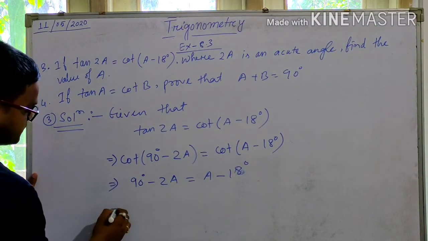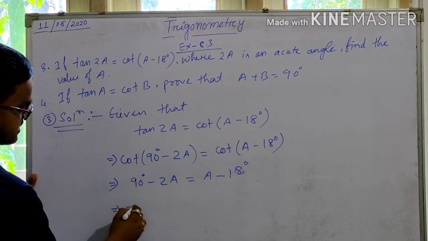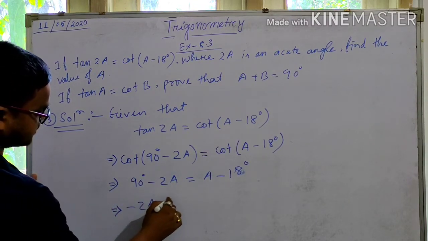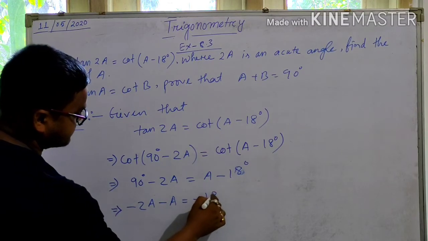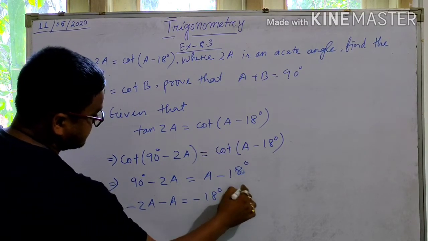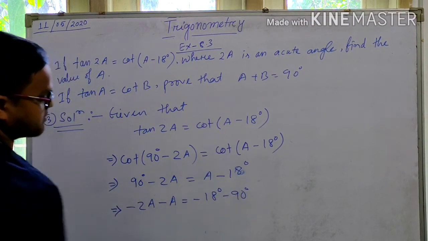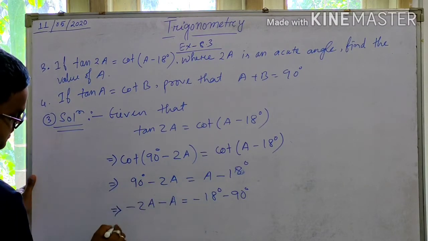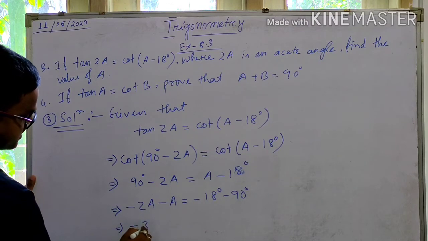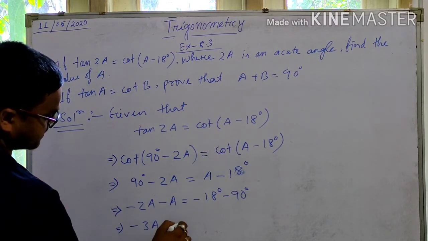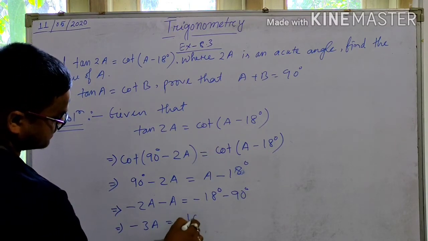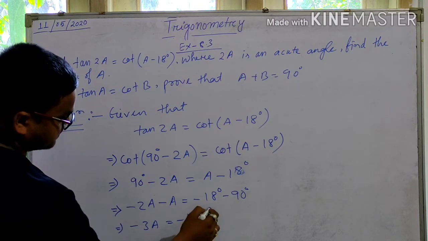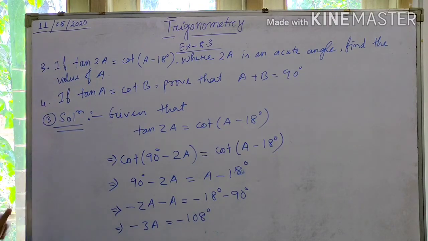Okay, so now you take the same part in the left hand side, and the other in the right hand side, and this 90 if you take to the right hand side, this will be minus, and A will be here minus, so minus twice A minus A, you will get minus 3A is equal to minus 108. Yes, 108 degree.